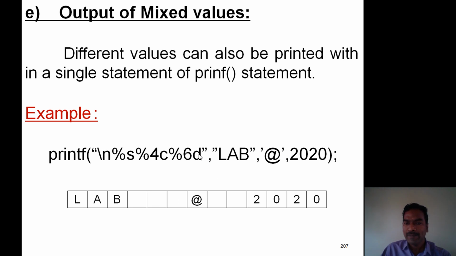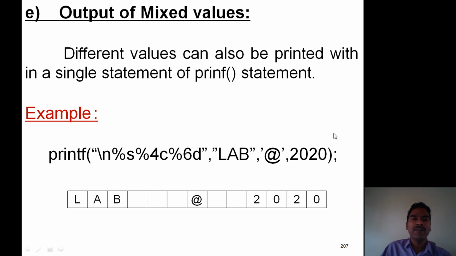Next one, integer. Here we provided 6 columns, but the value consists of only 4 columns. Hence, the value is right justified with a leading 2 blank spaces. Okay. Now, these are the format specifications included in the printf library function.